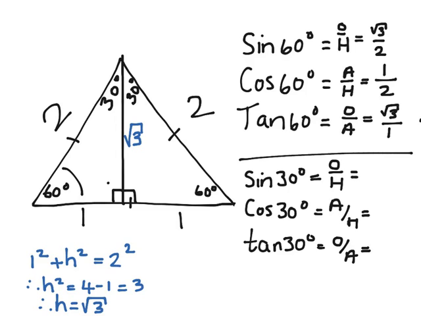So for sine 30, opposite will be 1. The hypotenuse doesn't change.